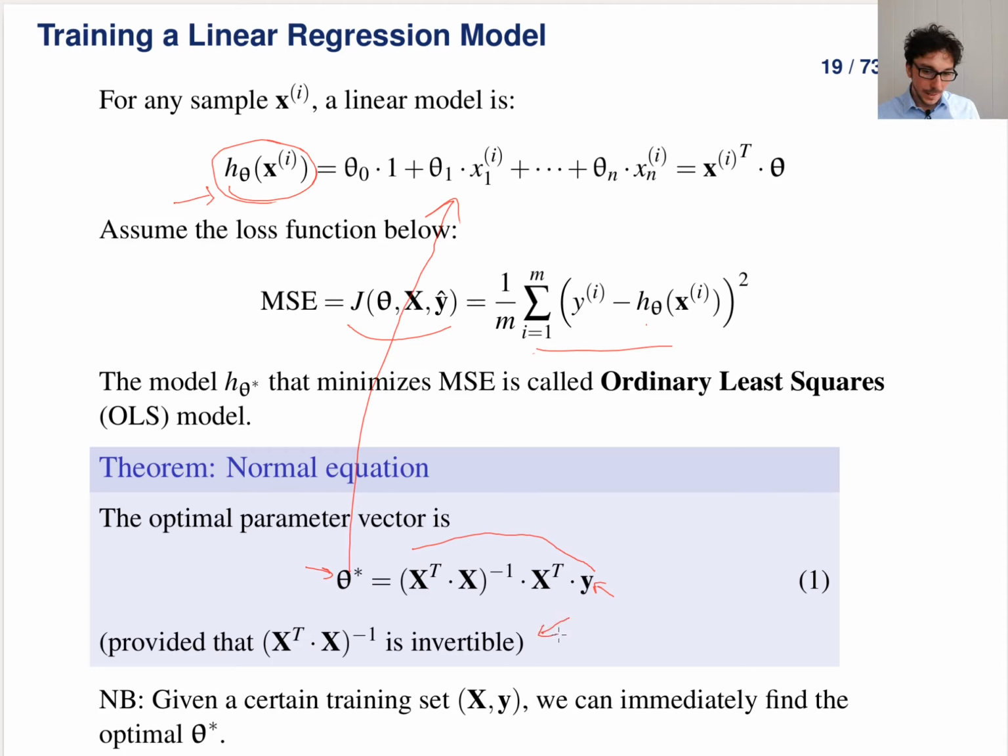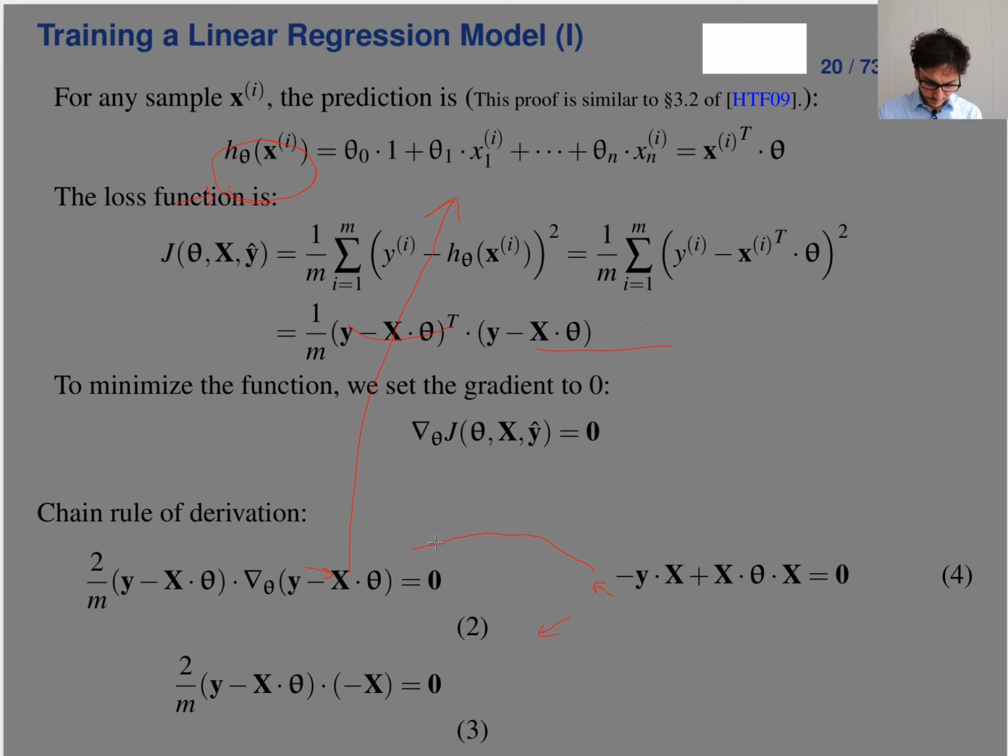Observe that there is a detail here. This equation works only if x transpose multiplied by x is invertible. You may ask, what can happen when this is not true? But we will see it later.